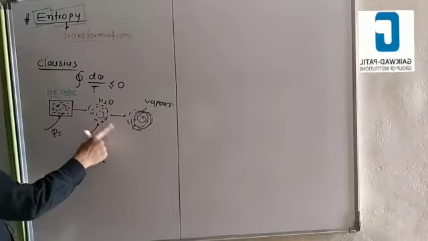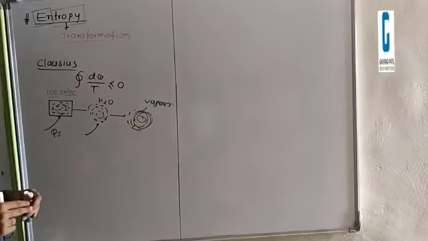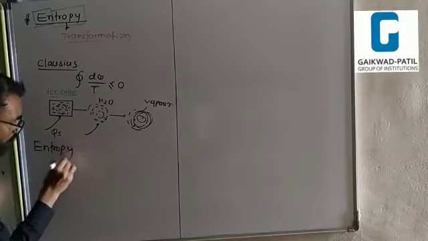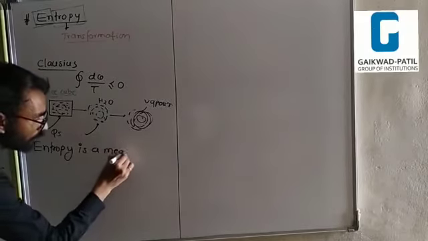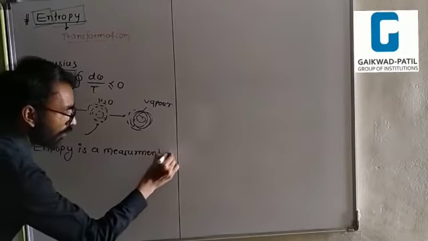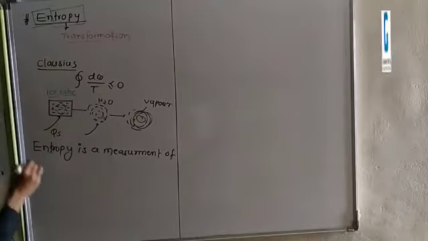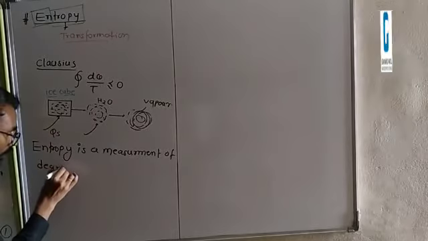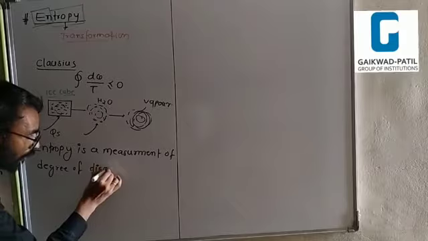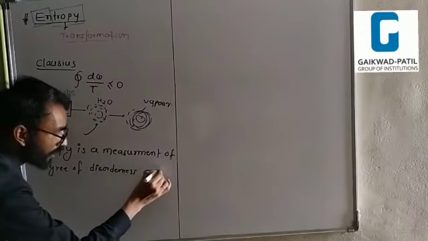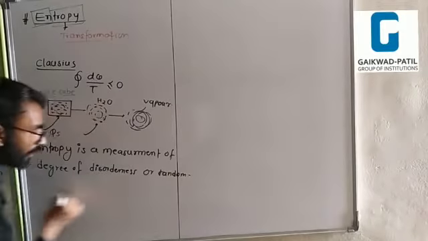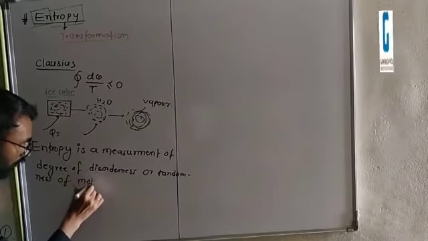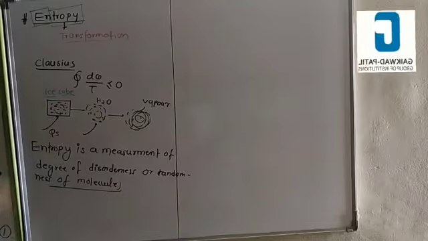Again disorderness and randomness will change, again the phase will change. This means entropy is nothing but a measurement of the degree of disorderness or randomness of the molecules. This is known as entropy.